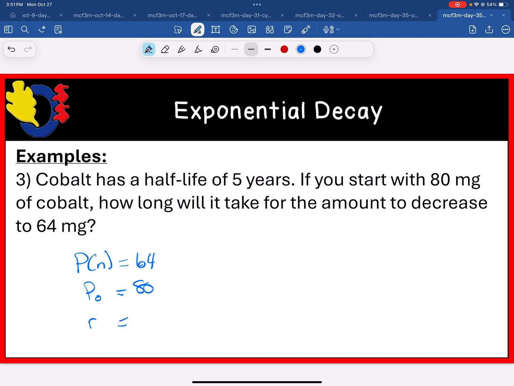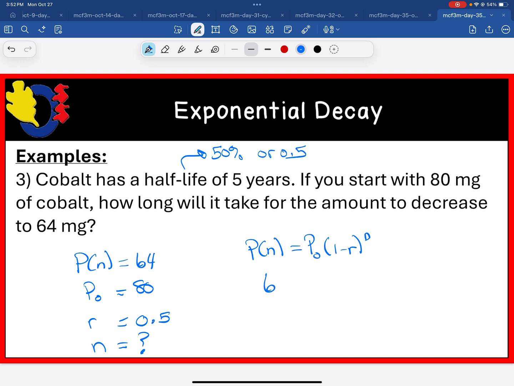So for a half-life, the rate is always going to be 50% or 0.5, and the N is we don't know how long it's going to take for this to happen. So P at N, and our formula is P naught times 1 minus R to the exponent N. So 64 is equal to 80 times 1 minus 0.5 to the exponent N. Let me fix that N up here, it's looking a bit strange.